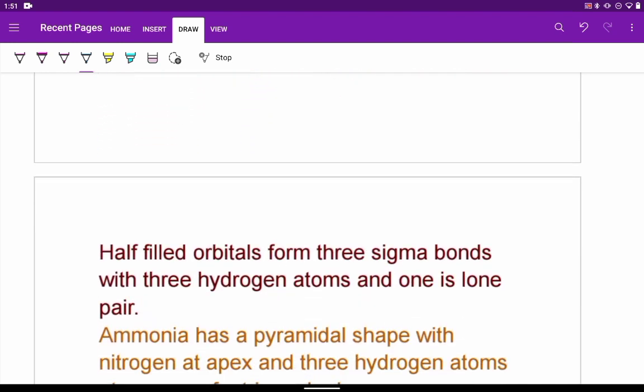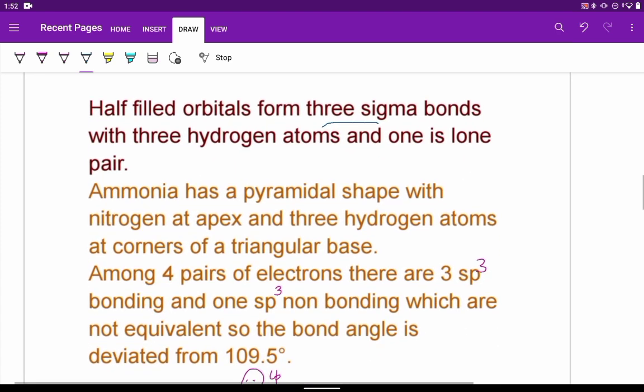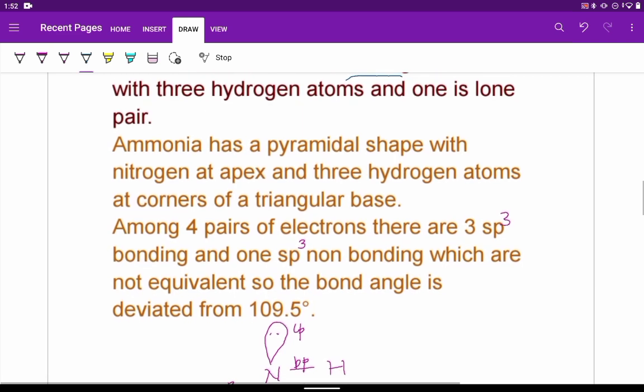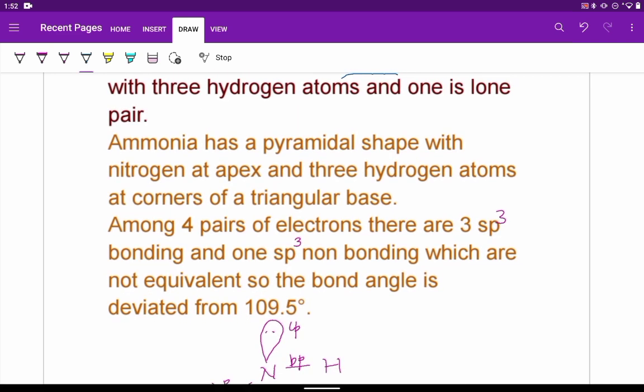These half-filled orbitals, that is the orbitals after hybridization which are having a single electron, form 3 sigma bonds with 3 hydrogen atoms, and the one orbital which is having 2 electrons will stay back as a lone pair. That will be a lone pair that is not participating in the bonding.